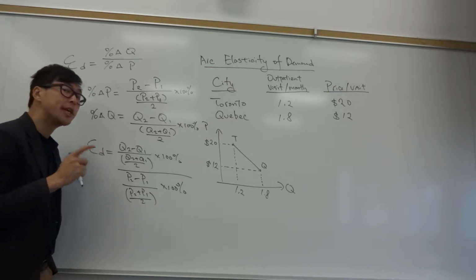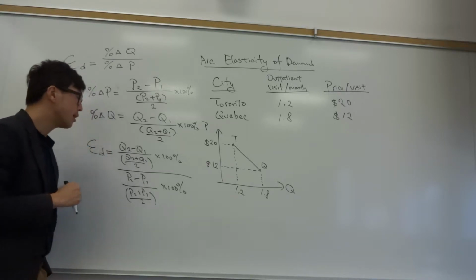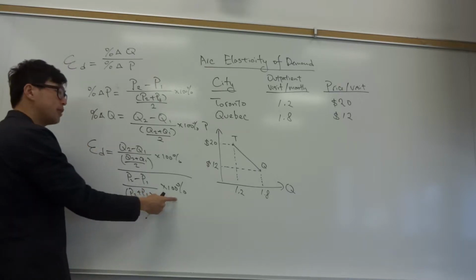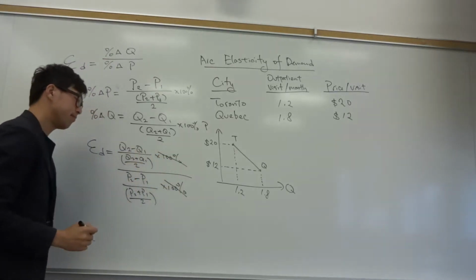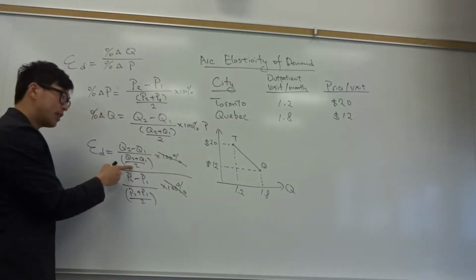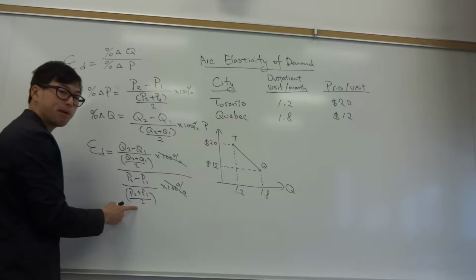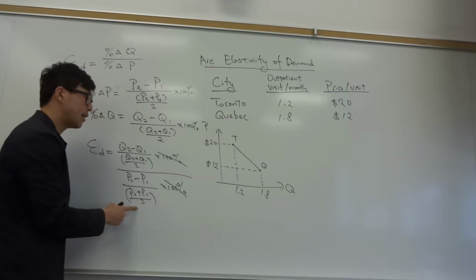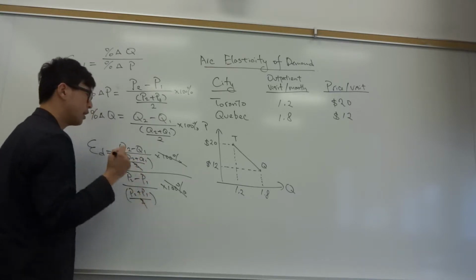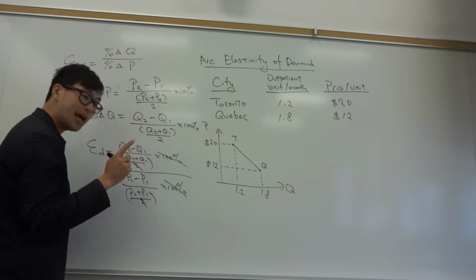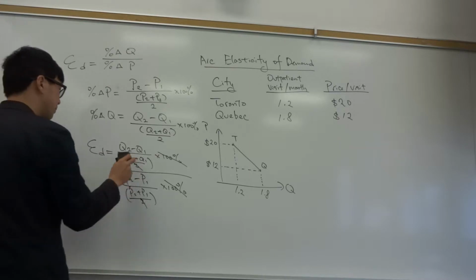However, in this equation, you can tell there are some things we can cancel out. For example, we have 100% and 100%, so we can cancel them out. We have this divided by 2, and this divided by 2. Divisions can also cancel out in a fraction, so these two actually cancel out. So at the end of the day, let me rewrite.